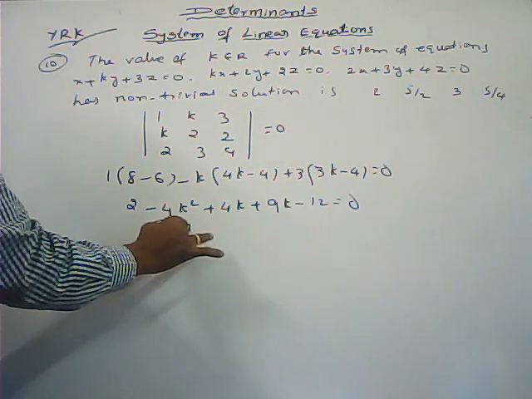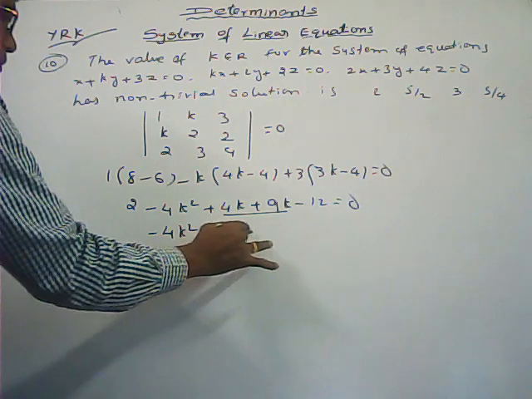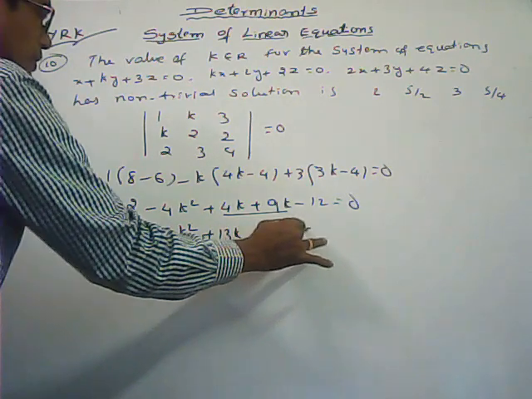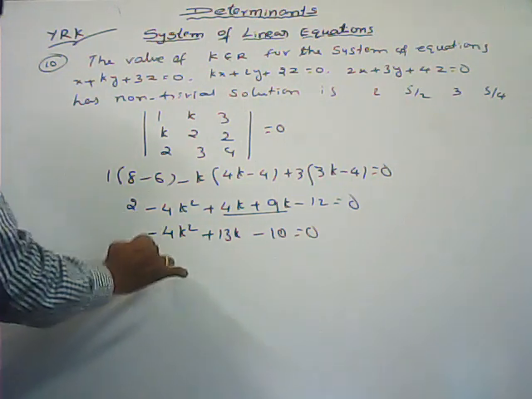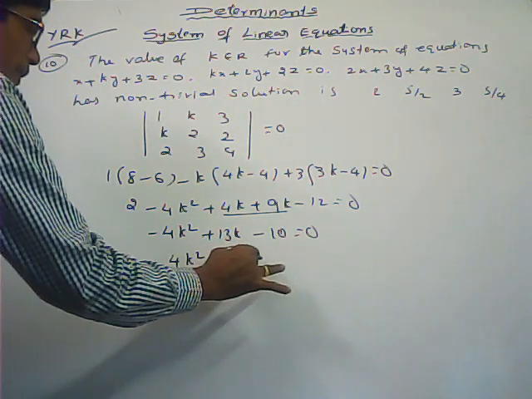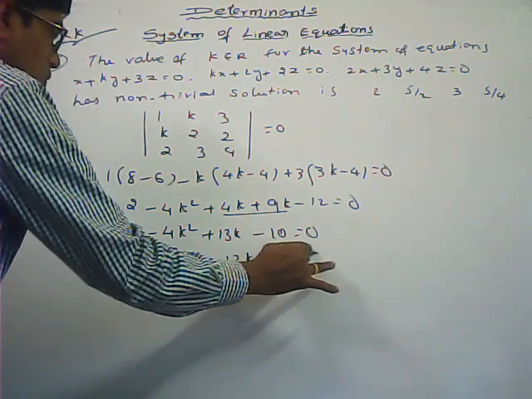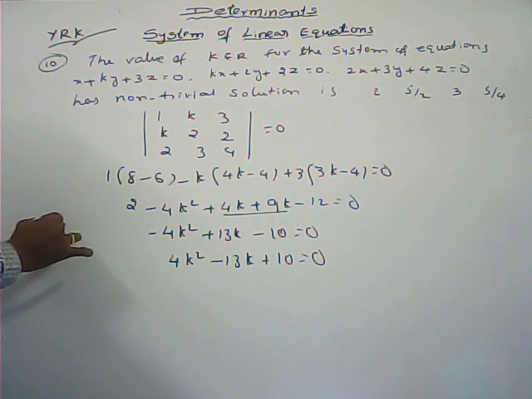Minus 4k square plus 13k minus 10, that is equal to 0. Multiplying with minus 1: 4k square minus 13k plus 10, that is equal to 0. 10, 4s are 40, 8 5s are 40.